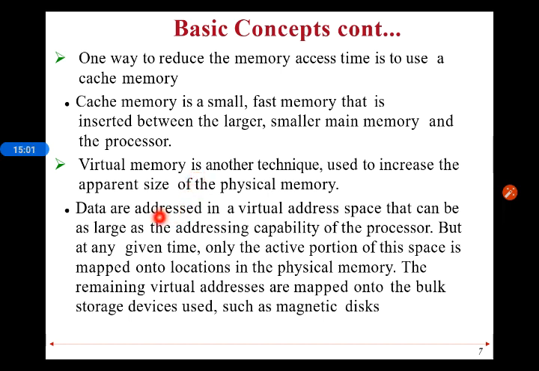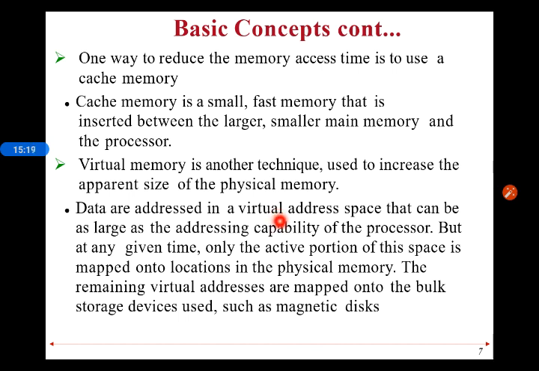In virtual memory, data are addressed in the virtual address space that can be as large as the addressing capability of the processor. But at any given time, only the active portion of this space is mapped onto locations in the physical memory. Virtual means it is not in existence.